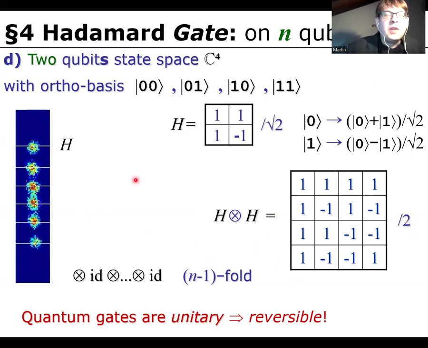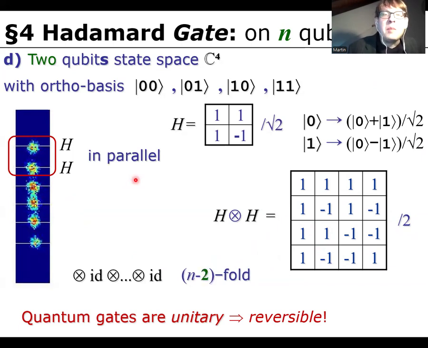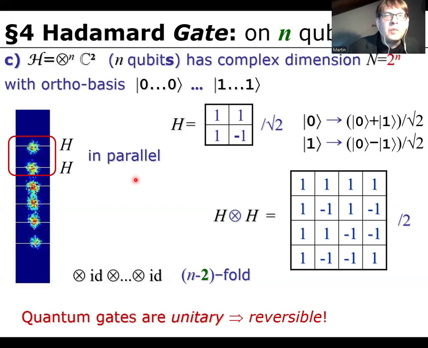And on the other remaining n minus 2 qubits, we still have identity operators. But there's nothing stopping us from considering a threefold tensor product of this Hadamard gate, or fourfold or n-fold.